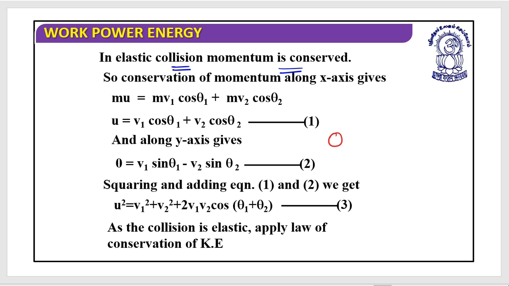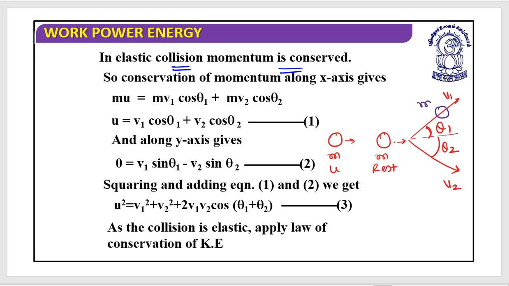It was mass m moving with u, another object of mass m which was at rest, and v1, one of the objects, has moved in this direction, making an angle of theta 1. Another object is moving in this direction, this is theta 2. Both have the same mass m. So this is the situation.